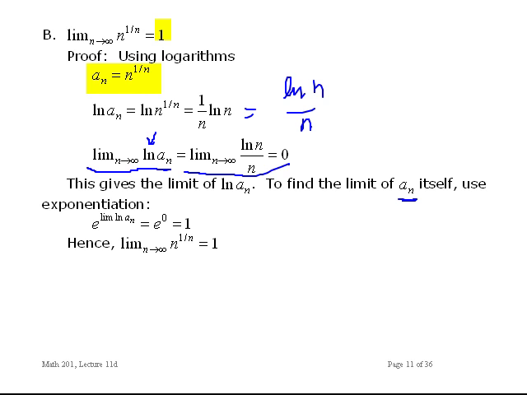So let's raise e to both sides, and e to the 0 is equal to 1. Of course, this is e and the natural log, which is why we chose those two. Hence, the limit as n goes to infinity of the sequence n raised to the 1 over n is equal to 1. So in this case, we used logarithms, our previous result, and then exponentiation to find our answer.